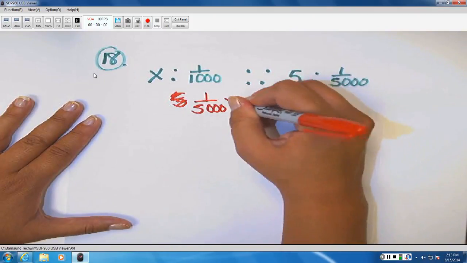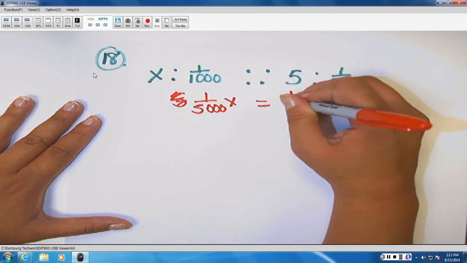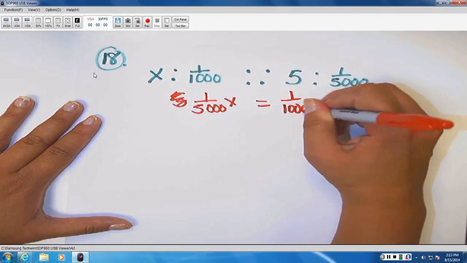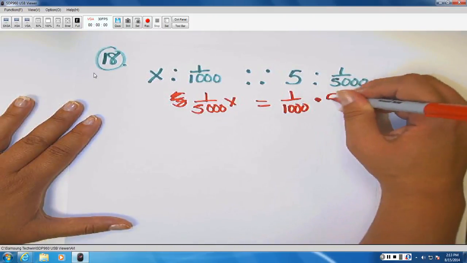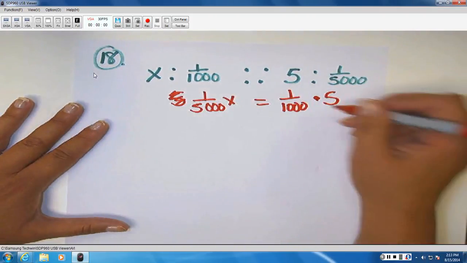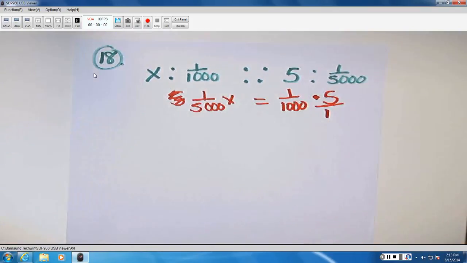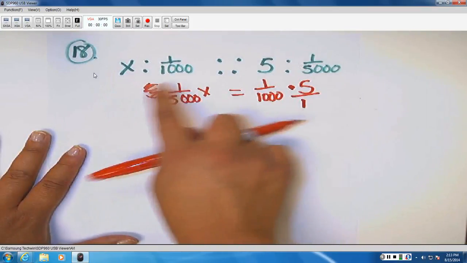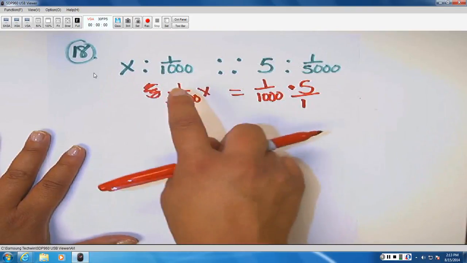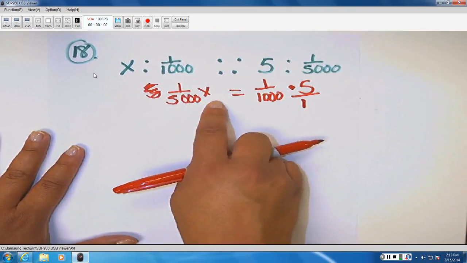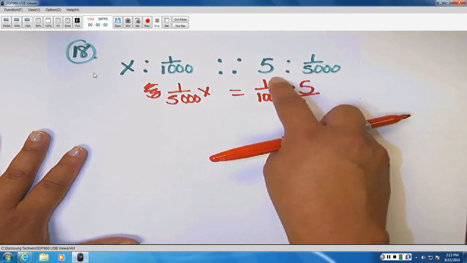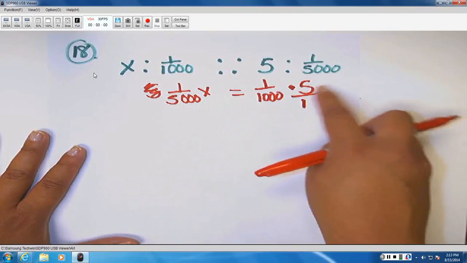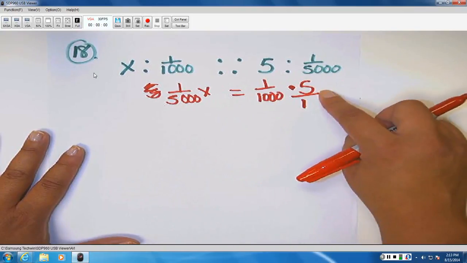It's going to be 1/5000 x equals 1/1000 times 5. Okay? So that's how I'm going to set that up. X is over here, so it's going to be 1/5000 times x equals 1/1000th times 5. Now sitting here, I know that I can reduce.